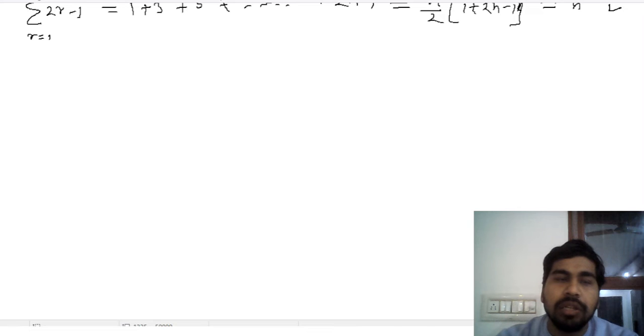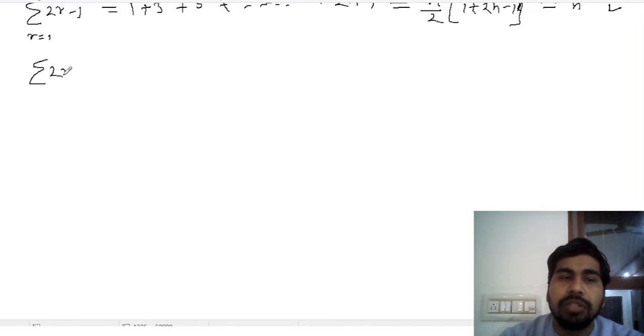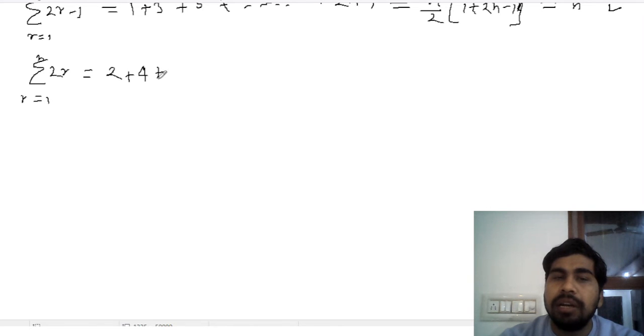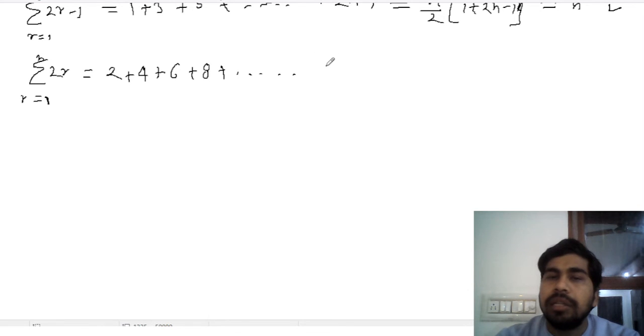Now the third thing, which is sigma of 2r, r equal to 1 to n. This is the summation of the first n even numbers. If you put r equals 1, it becomes 2. r equals 2 gives 4, then 6, 8, and the last term is twice of n.